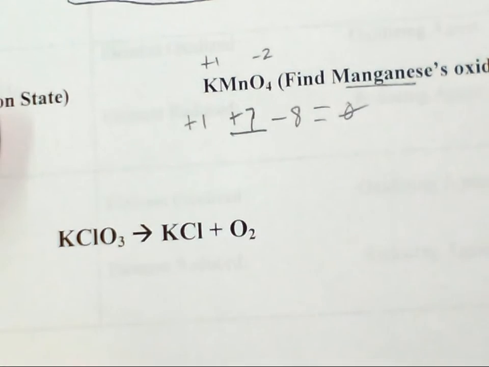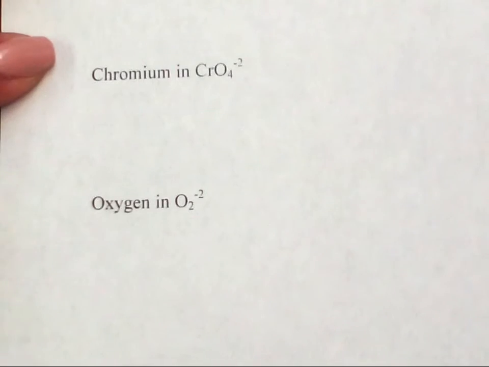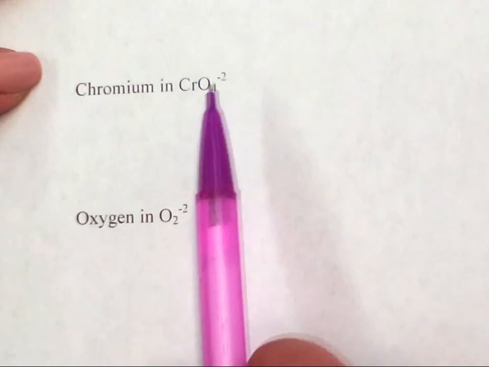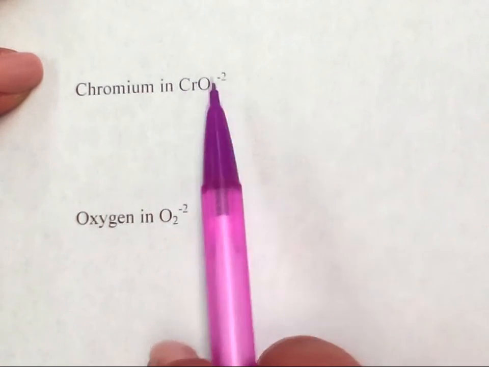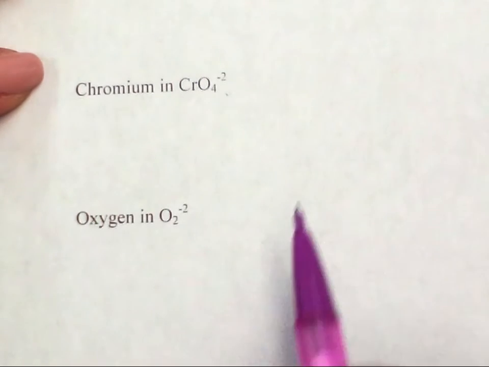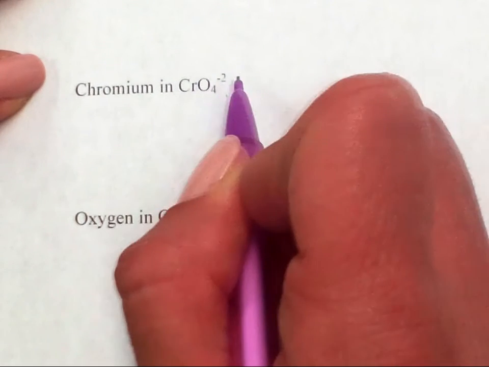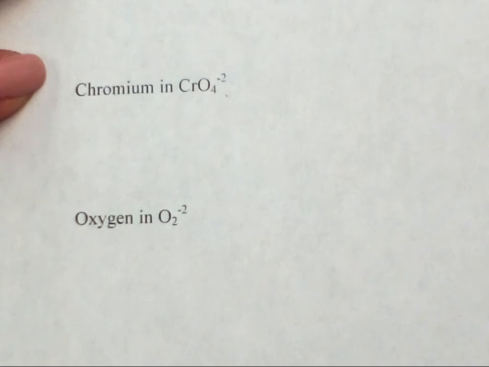Okay, now there's an example from the homework that makes it a little bit tricky because they have a charge on this compound. In this case, what you would have to do, rather than making it equal to 0, you would add them up and make them equal to the oxidation state that's already on this ion.